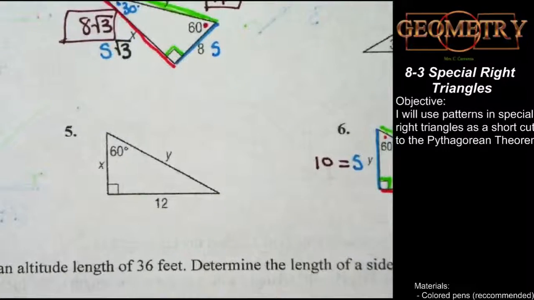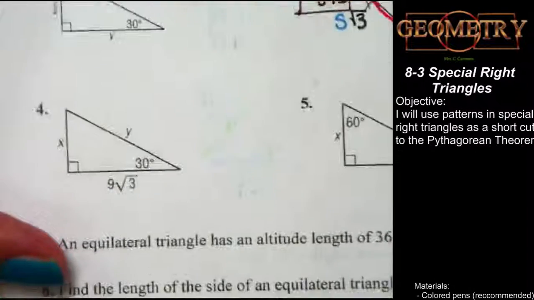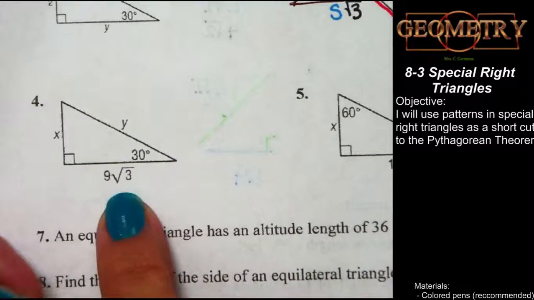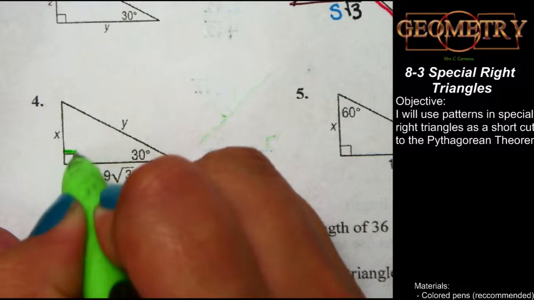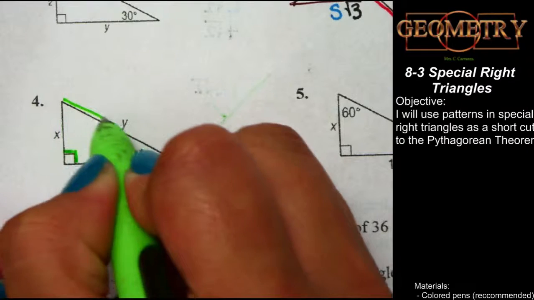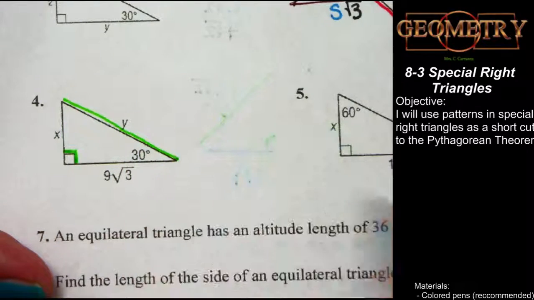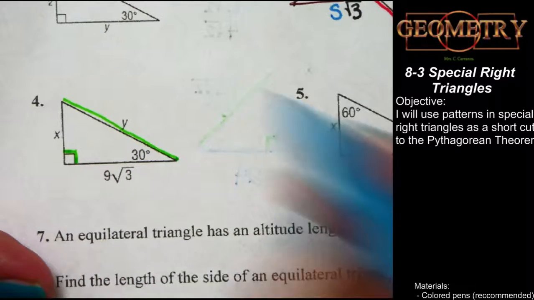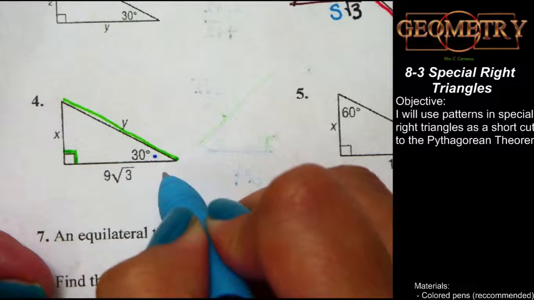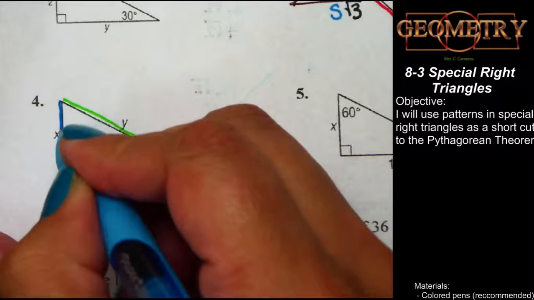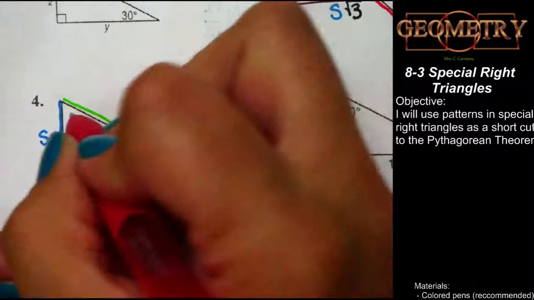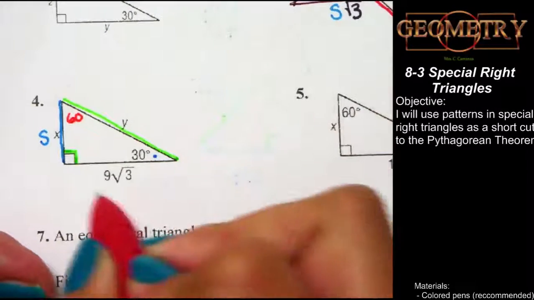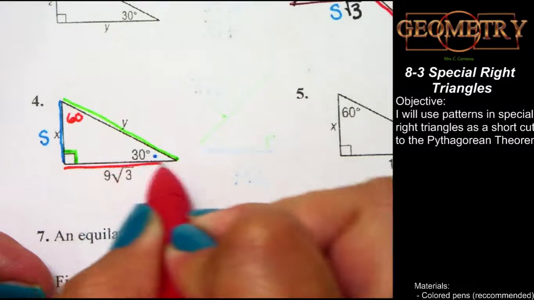Let's look at number 4. Number 4 has this weird square root in it, so this might seem very intimidating. Start off by finding your right angle, which will then tell you where your hypotenuse is. They've provided for me the 30-degree angle, which is the small angle, and so this is the small side, which leaves this other angle as 60 degrees, and so this is the medium side.